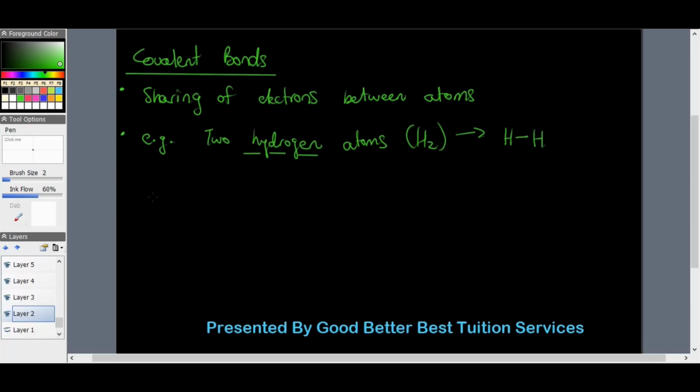So we must point out that there is an electrostatic attractive force because they bond with each other. If they didn't bond, there would be a repulsive force. An electrostatic attractive force between the electrons and nuclei, and that's why the two hydrogen atoms bond.